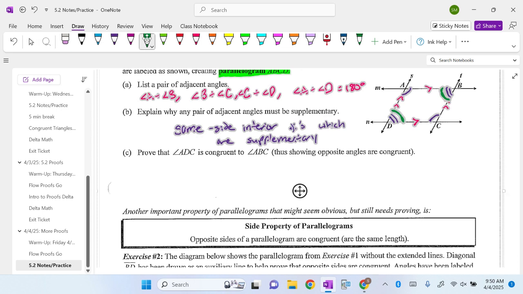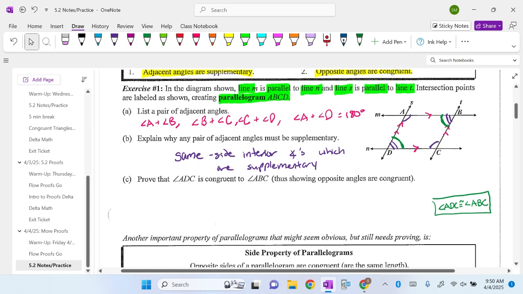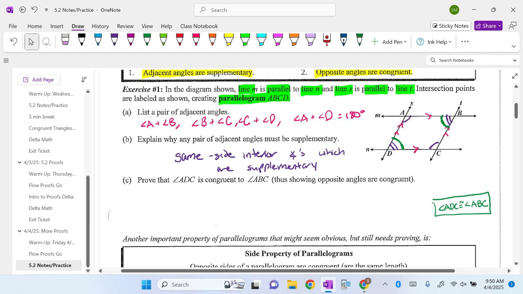So our end goal, which we can already put at the end, is we want angle ADC to be congruent to angle ABC. Now, the only statements that we were given come from the top that I highlighted in green.